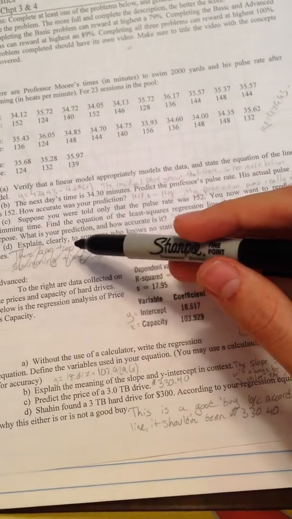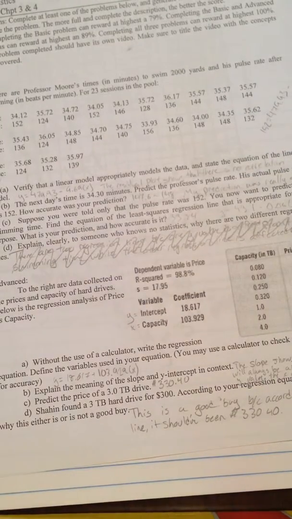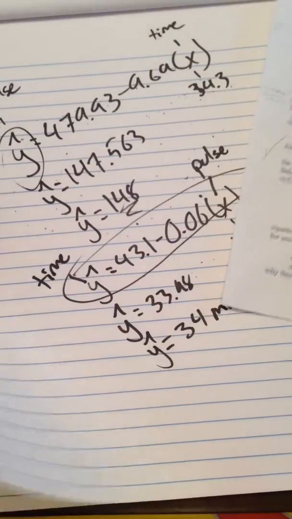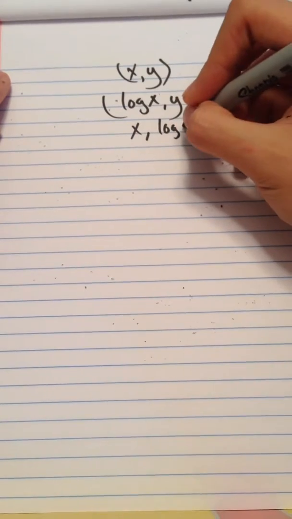D. Explain clearly to someone who knows no statistics why there are two different regression lines. Okay. So you can say this. There's always an x and y, a log of x and y, and an x and a log of y.